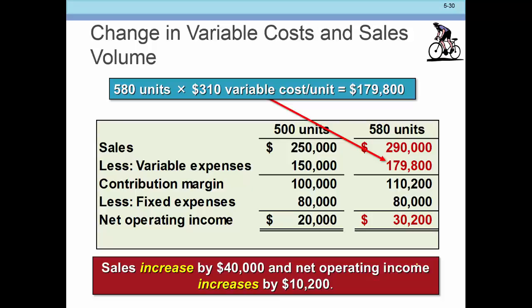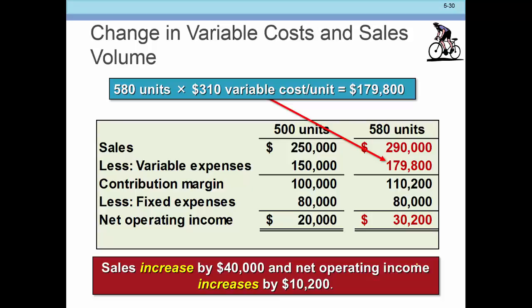There's our scenario that we've already seen where we have the $20,000 profit at 500 bikes. We go to 580, we're going to do what? Increase our sales, right? And when we do that, we're going to have a little bit higher variable cost now, and we'll have our contribution margin take off our fixed expenses.